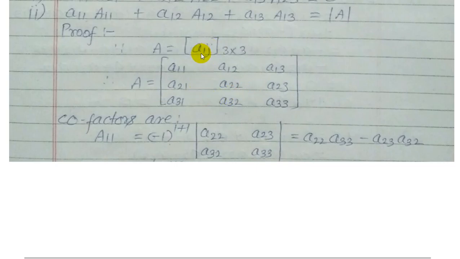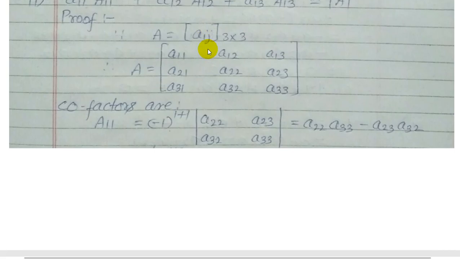And i equal to 3 and j equal to 1, 2, 3: A31, A32, A33. This is the expanded form of the given matrix.